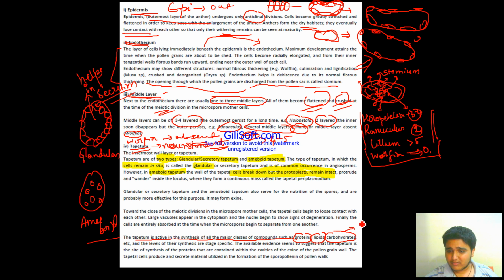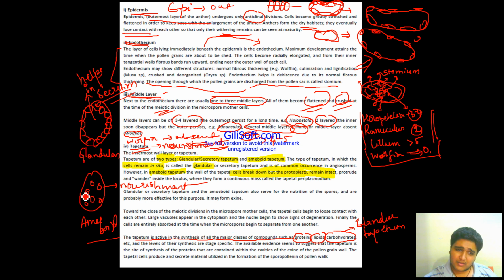These are functions of a glandular tapetum. What do they secrete? They secrete such macromolecules. And what does the amoeboid tapetum do? As such, it has not much role. Yes, definitely it does help in nourishment. That is one important role of amoeboid.